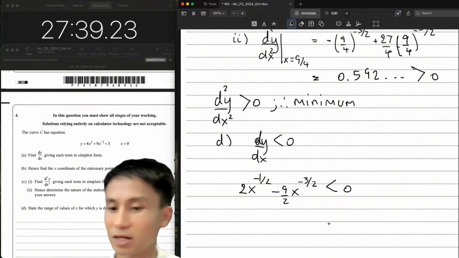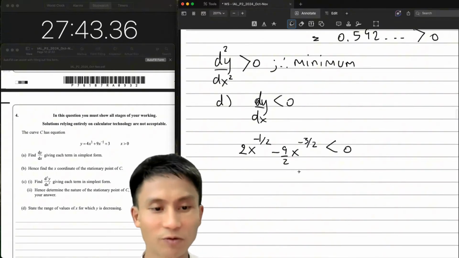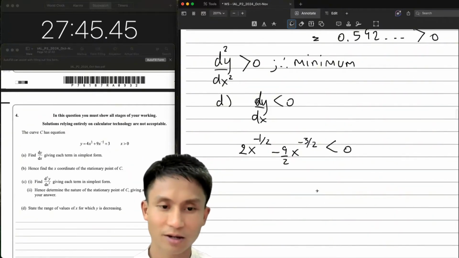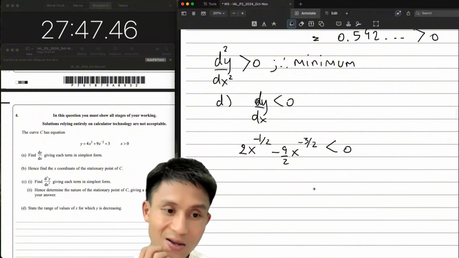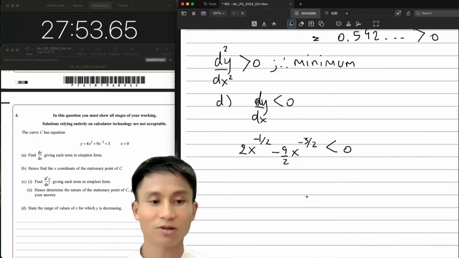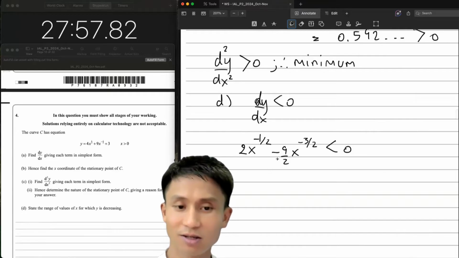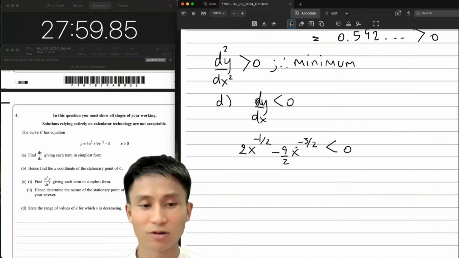And we want to solve this inequality to get the range of x values. We have to be careful when we solve this inequality, right? Maybe what we can do is multiply by x to the power of something so that we can cancel the fractional power.